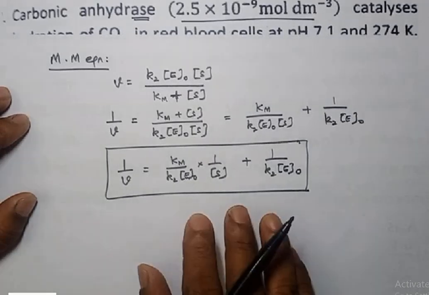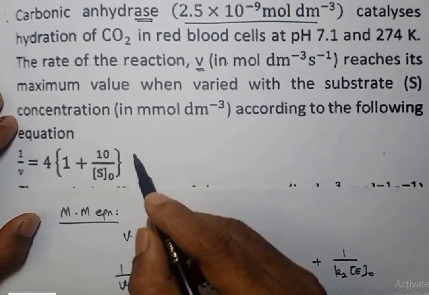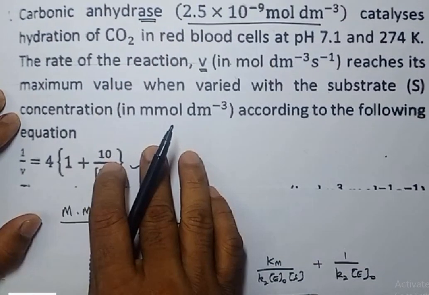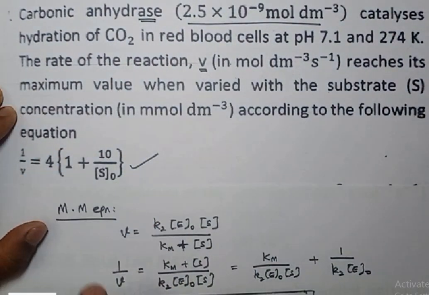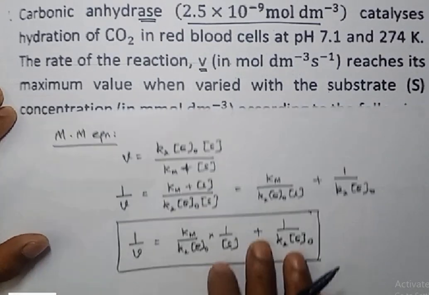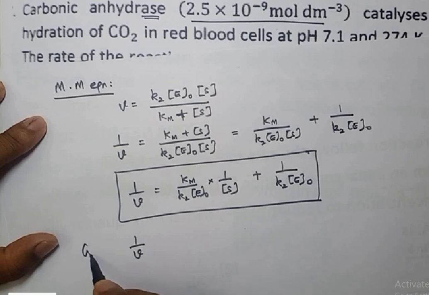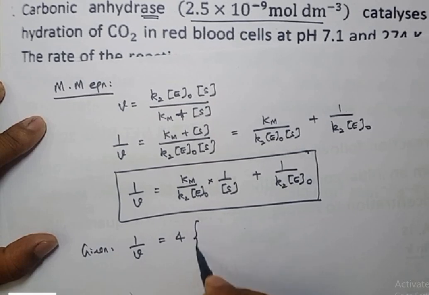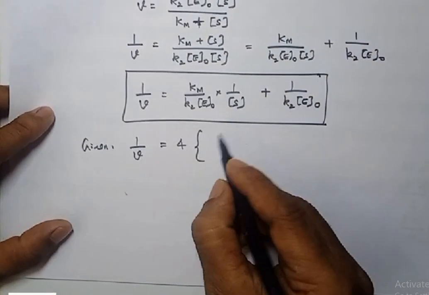Okay, listen. Now in the given problem, a similar equation is given. See, the carbonic anhydrase follows this equation for 1 by V, and some values are given. So let me write the value as such: 1 by V equal to 4 times, 1 plus 10 by S naught is given.